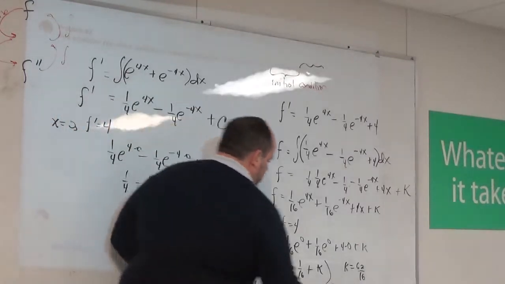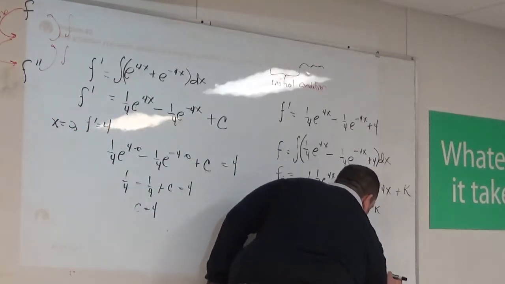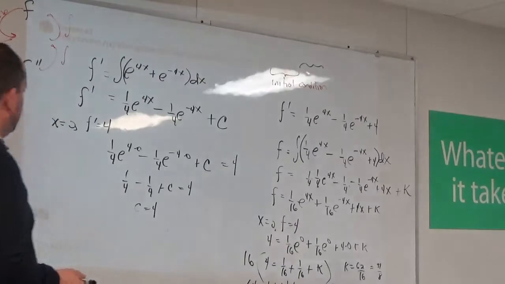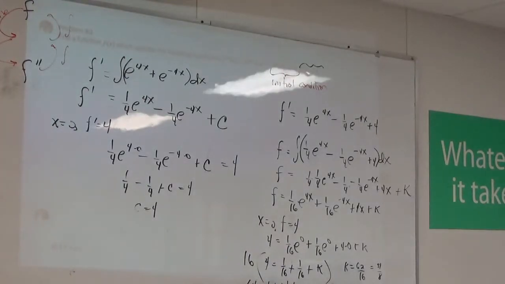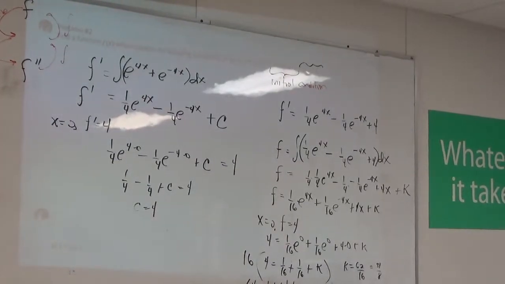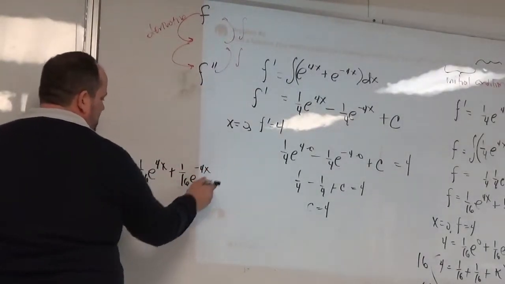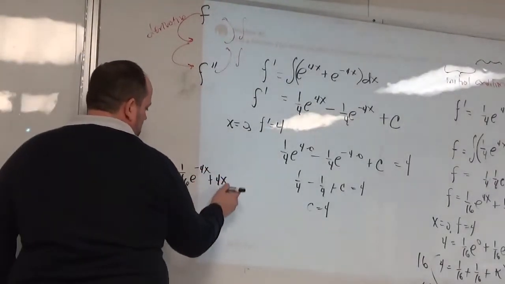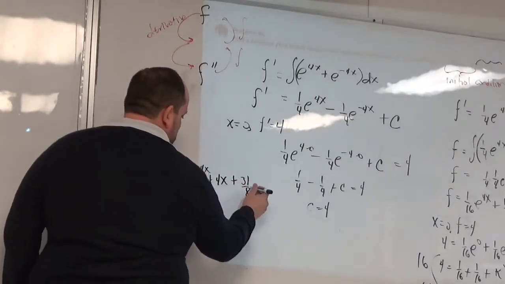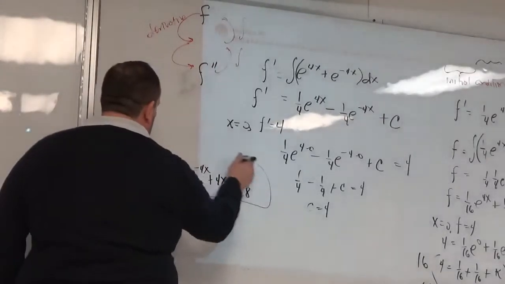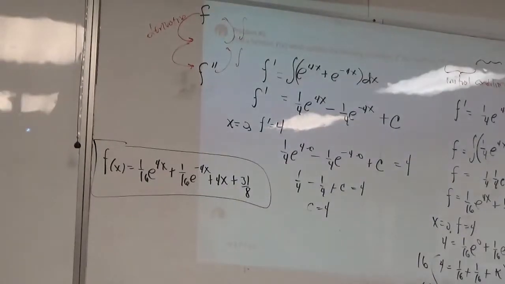And if you want to simplify, it's 31/8. Bad board planning here. Your final answer is 1/16 e to the 4x, plus 1/16 e to the negative 4x, plus 4x plus 31/8.